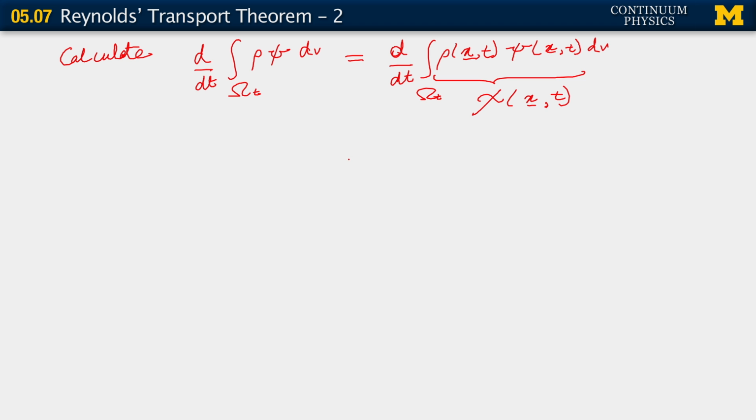As a result, this quantity we want to calculate is just the integral over omega t of the following: the partial time derivative of rho psi, and I'm suppressing arguments because otherwise this will get too big to write, plus the divergence of rho psi v.